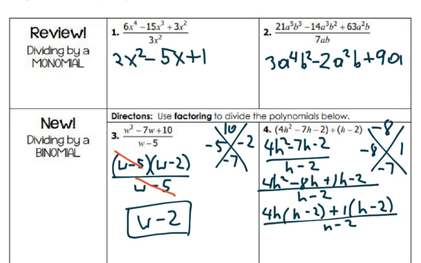And the common factor clears out, and I have (4h plus 1) times (h minus 2) over h minus 2. So now I can reduce the common factor of h minus 2, and my answer is just 4h plus 1.